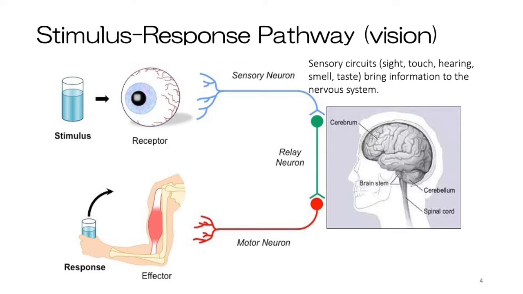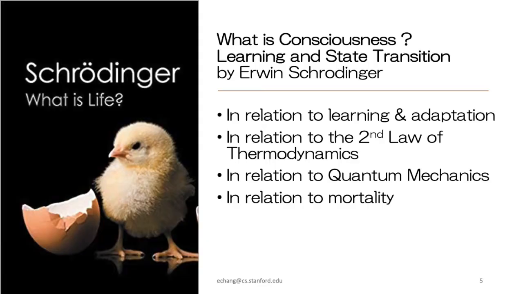Our brain consists of billions of neurons divided roughly into 2 parts. Our cerebellum manages unconsciousness, and our cerebrum manages consciousness. And eventually the conscious or unconscious state makes a decision on the corresponding responses to the stimulus, and then we finish this pathway.